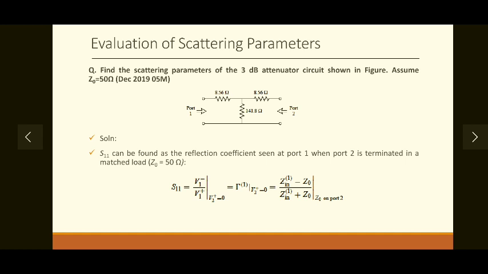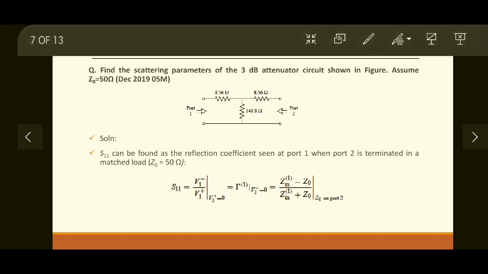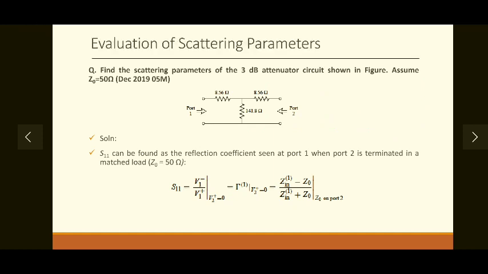It is an attenuator. As you can see, it's a two-port network, so our S matrix will be of 2 by 2 size: S11, S12, S21 and S22. Now how to calculate this?